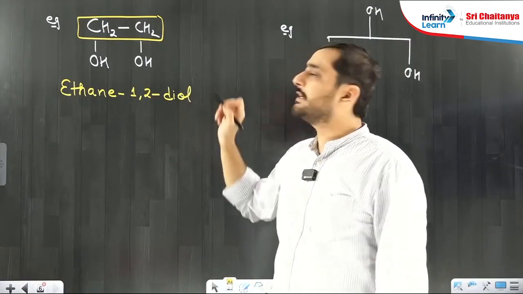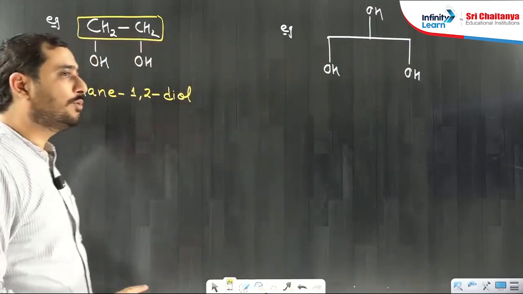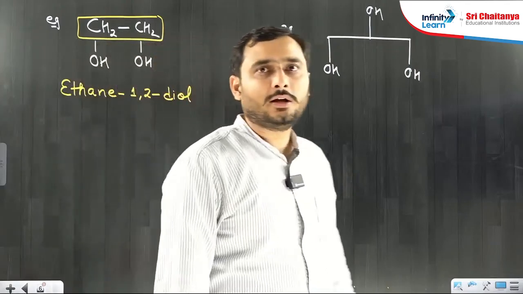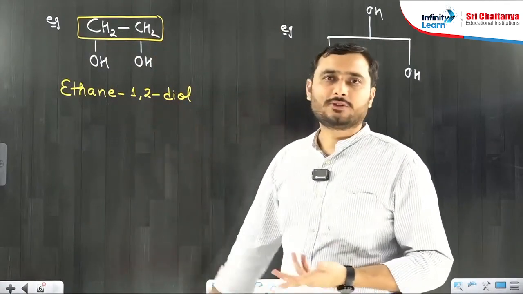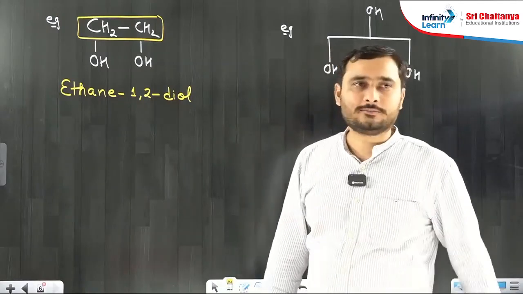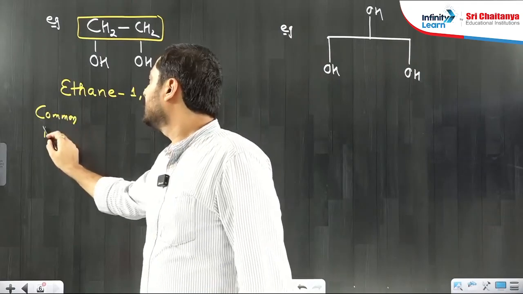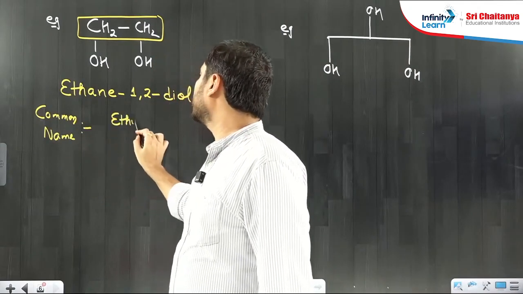So what do we have to write? Diol. What is important here? Do not remove E from here. Complete ethane-1,2-diol, because 2 vowels are not coming. Here it is E and here it is D. So D is not a vowel. So we have to write complete ethane-1,2-diol. And one common name, this is a very important compound. The common name for this compound is ethylene glycol.